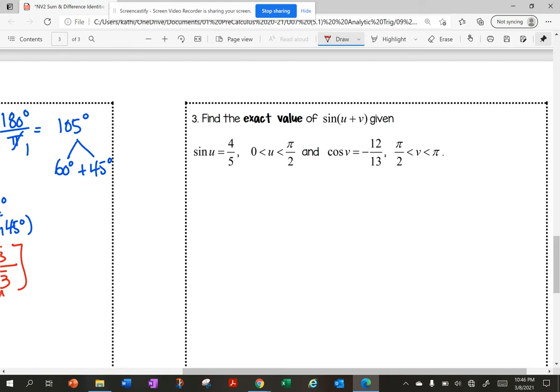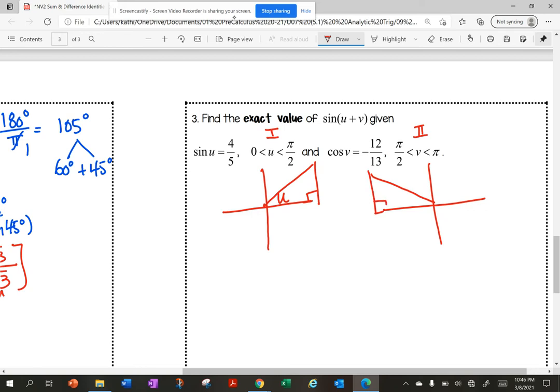So this is like a double triangle formula. The first one, I know I am going to be in quadrant 1, since 0 to pi over 2 puts my triangle in quadrant 1. And from pi over 2 to pi puts me in quadrant 2. So this is u, and this is angle v.